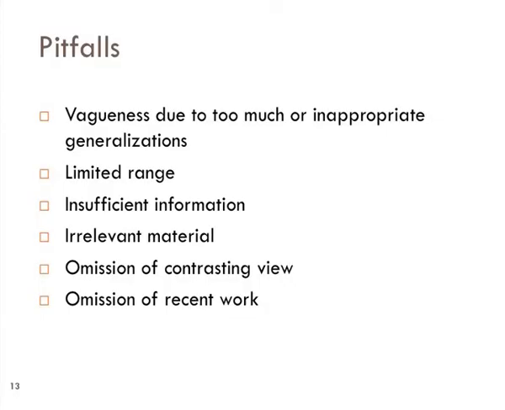You have to have data and you have to have other researches. A limited range of insufficient information is also very dangerous, which will not bring a good research. Also irrelevant material and omission of contrasting views. Okay? If there is any contrasting, contradicting view, you must always check that. And omission of recent work.